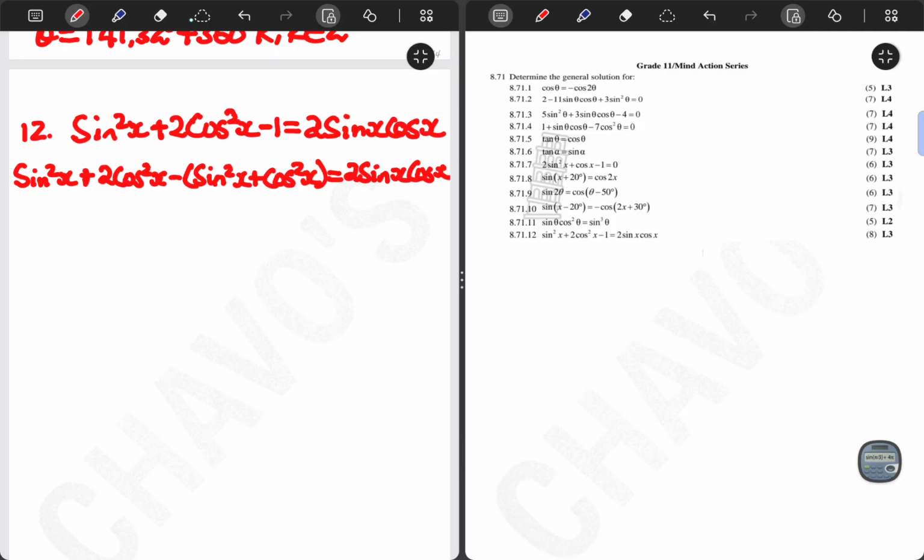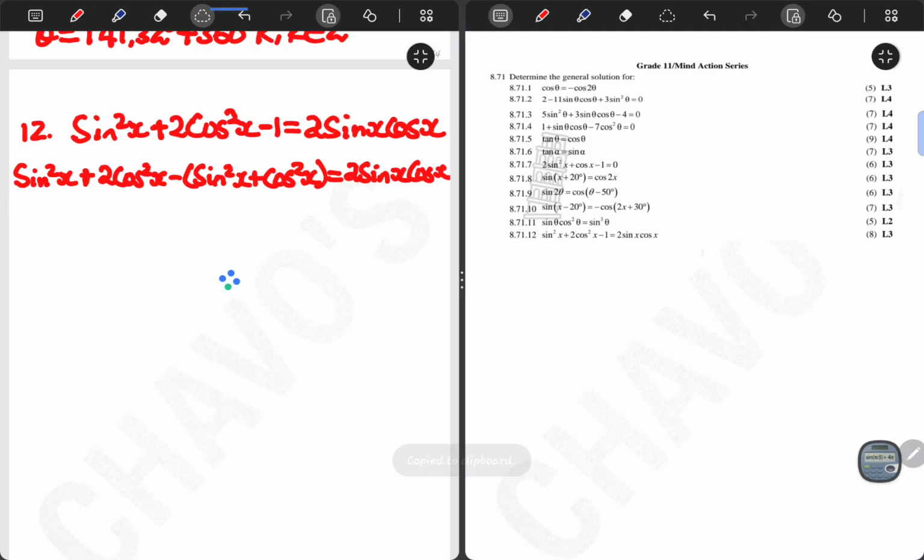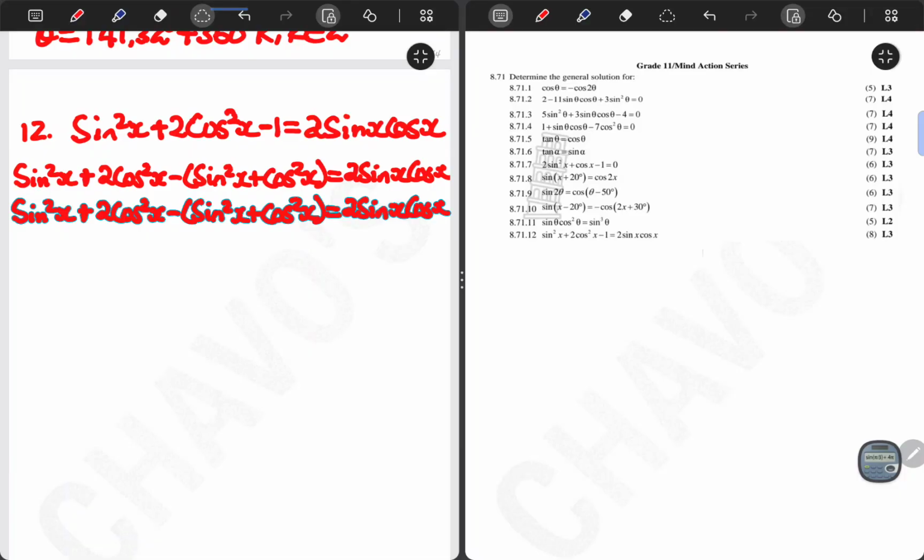From there, let's simplify. I'll just copy this again because now I am tired, guys. I just want us to finish this. After pasting, I need to take out this, then here will be minus. So this is what I'm going to have.